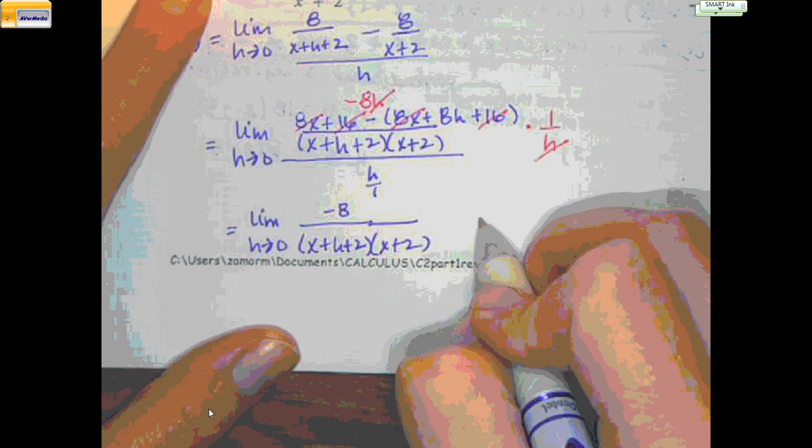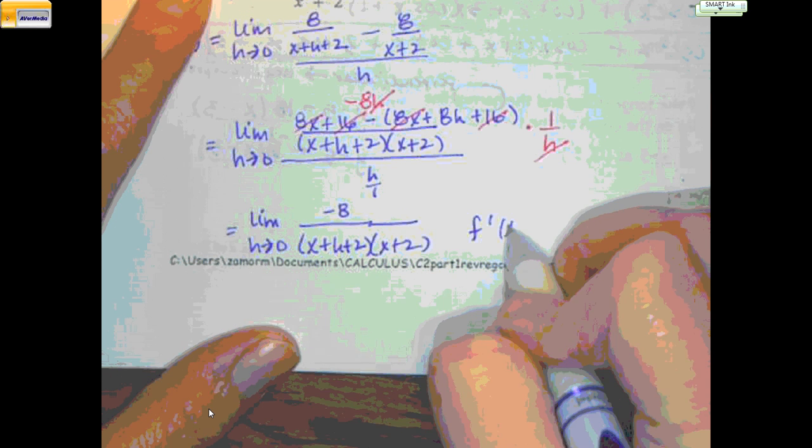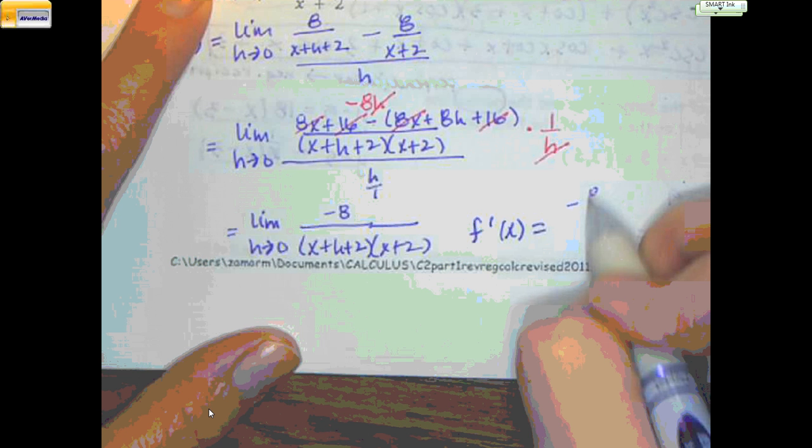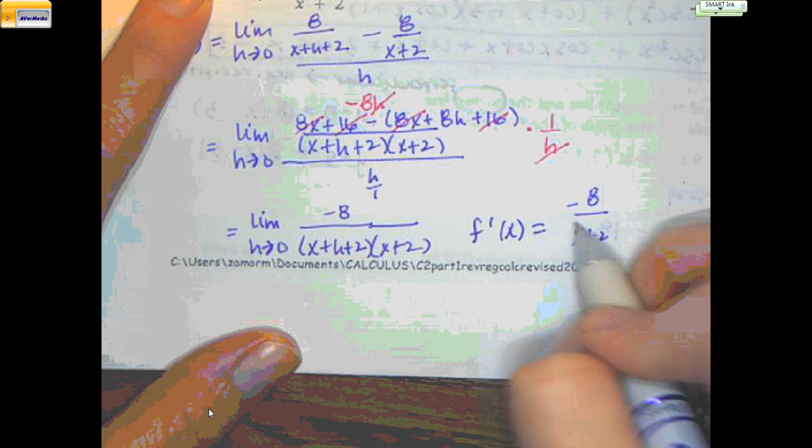Now you're allowed to plug in 0, so that I actually do have the derivative now. After you plug in 0, that is now considered the derivative. So I have negative 8 over x plus 2, the quantity squared.